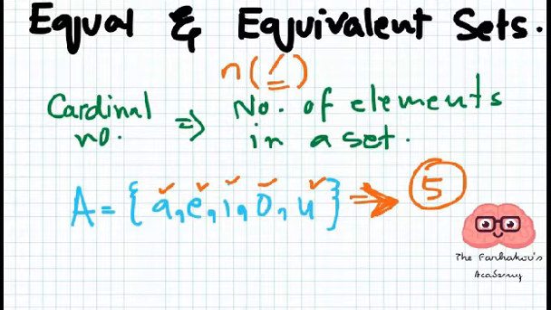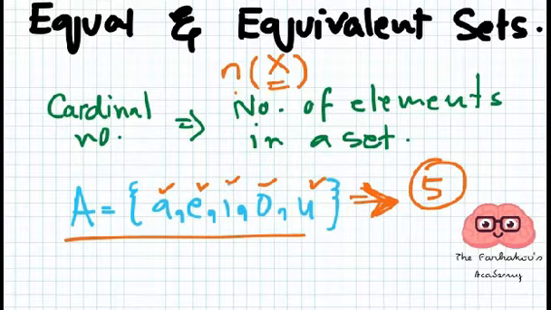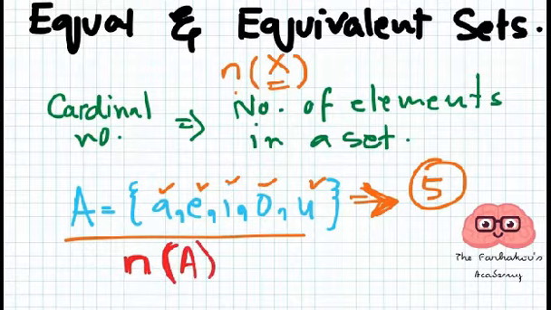If the set is X, it is the cardinal number of X, or n of X. So here, in A equals to AEIOU, there are 5 elements, so the cardinal number can be written as the number of elements in set A equals to 5.